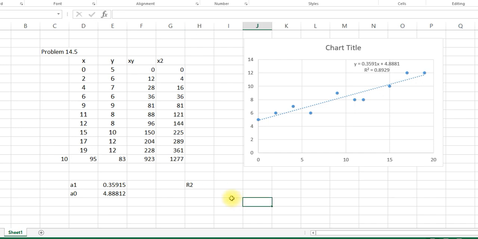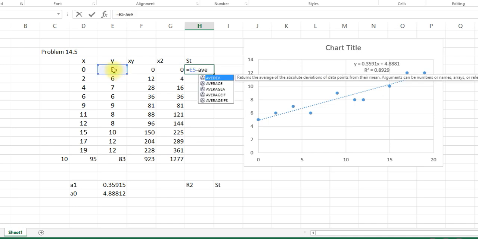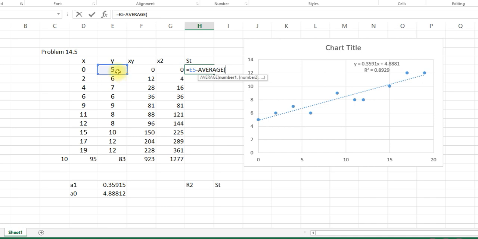Okay. R square depends on ST and SR. ST, if you remember, ST is the deviation between y and its mean. Here we can write ST, which is y minus average of y, and then a square of this.